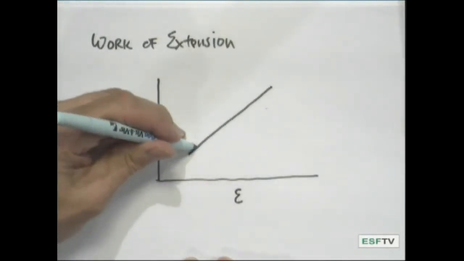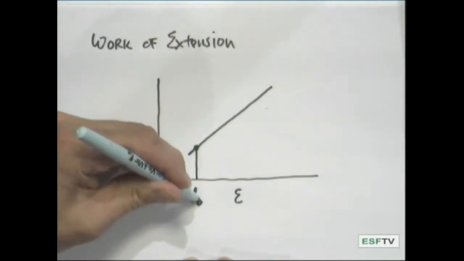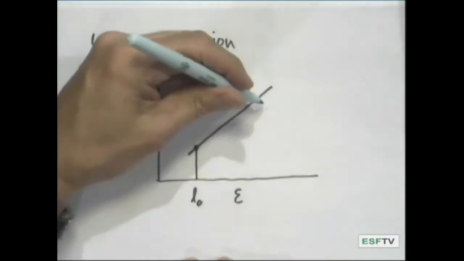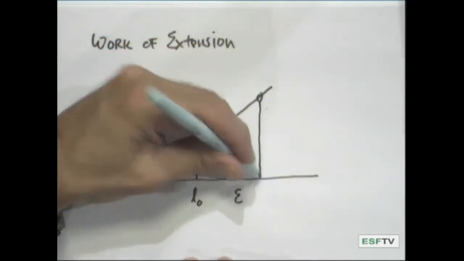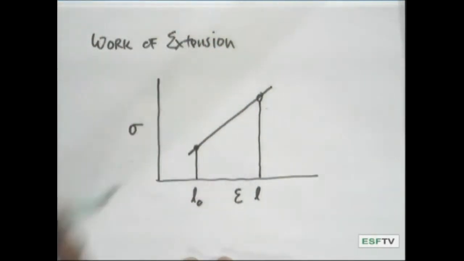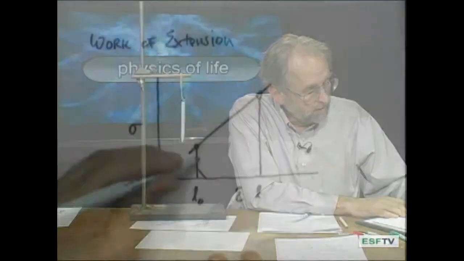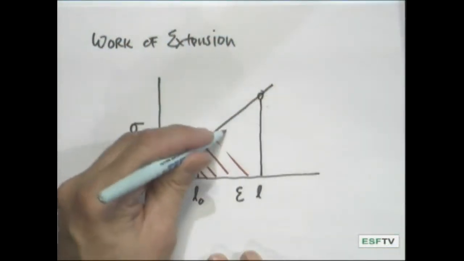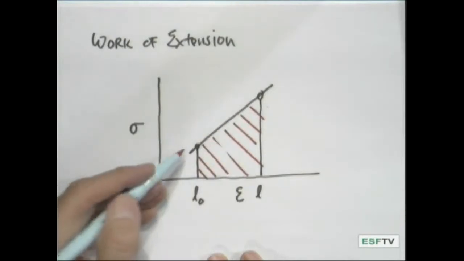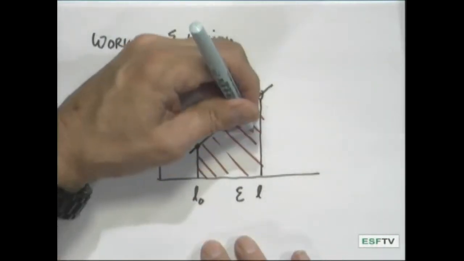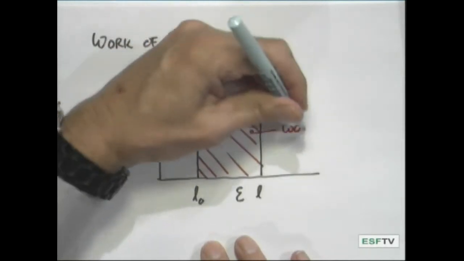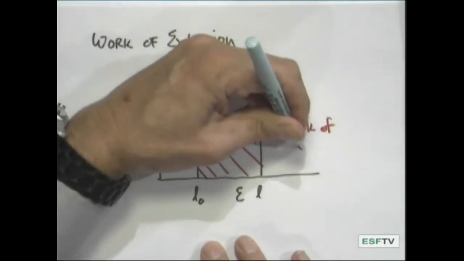Now, if we take a length at resting and we then measure the stress and strain at the strained length, then obviously as we move this down, there's going to be a constant relationship between stress and strain. But the work that we have done on this can actually be measured by the area under our stress-strain curve. And so this area over here is called the work of extension.